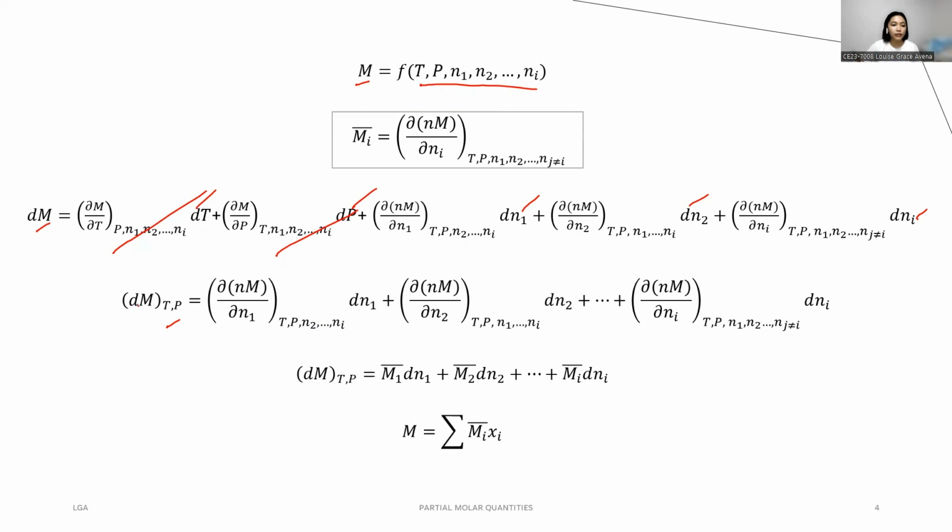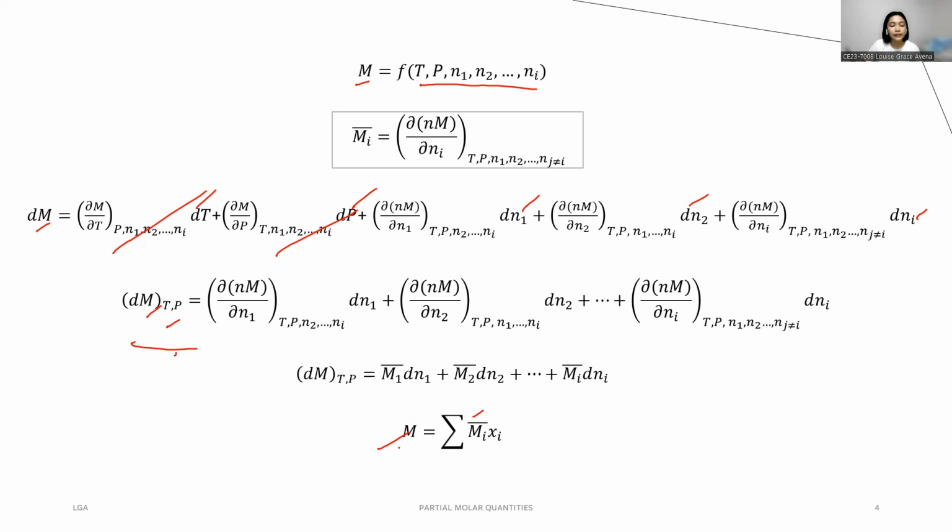So essentially, at this point, wherein the temperature and pressure are constant, the contributions of the changes in the molar compositions of all the components are the only contributions that are relevant to the changes in the total molar quantity of an extensive thermodynamic property M. So from this equation, we could actually derive an expression to solve for the total molar quantity of any extensive thermodynamic property as a function of its corresponding partial molar quantity.